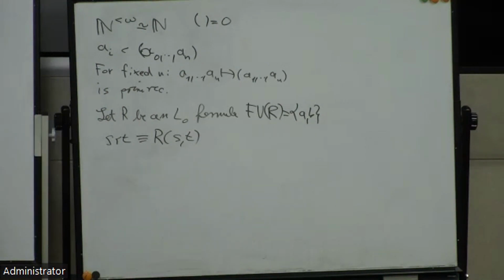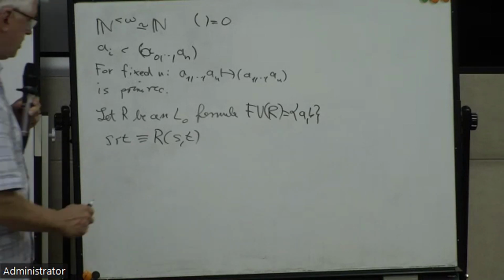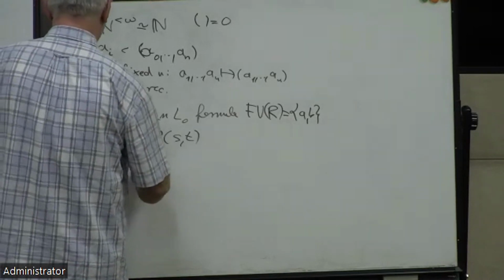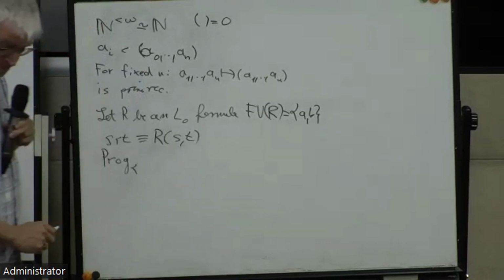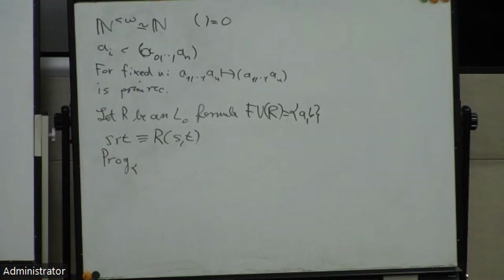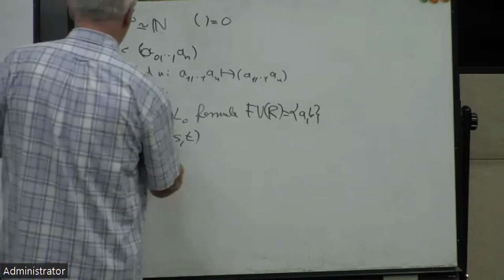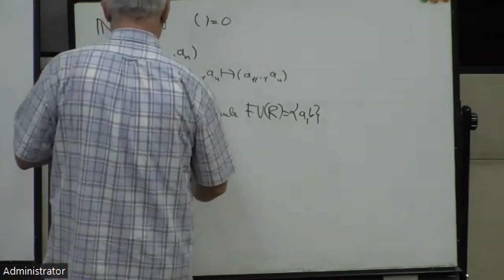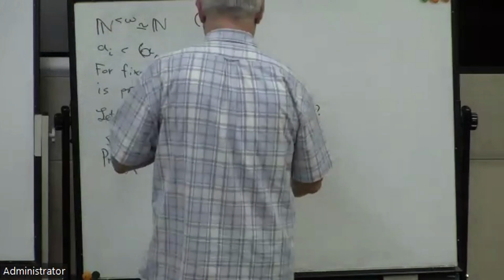Now I develop some notation speaking about when this relation is a well-founded relation. So I define the progressivity of a formula F. I want to show f of x.